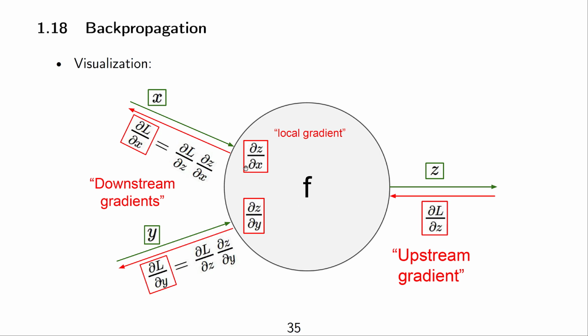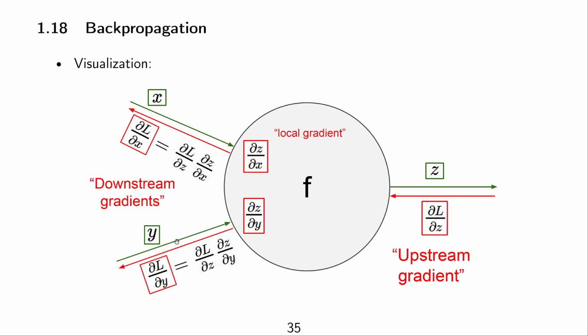And the local gradient is the derivative of the output variables of this local node with respect to the input variables. So if I'm interested in this red edge here, I'm interested in the derivative of z, the output of f, with respect to x, that is whatever traveled in along this green edge here.